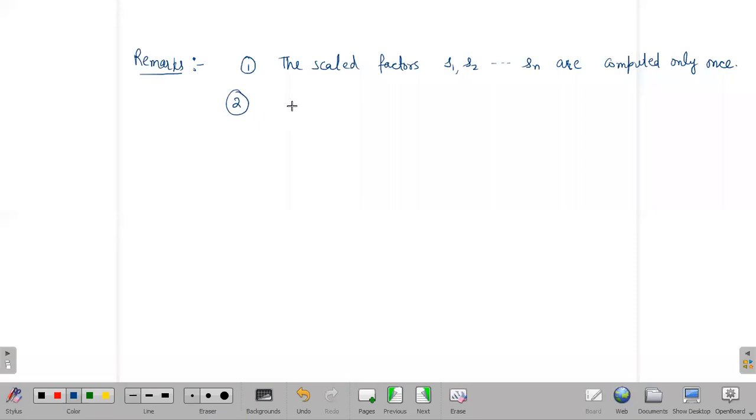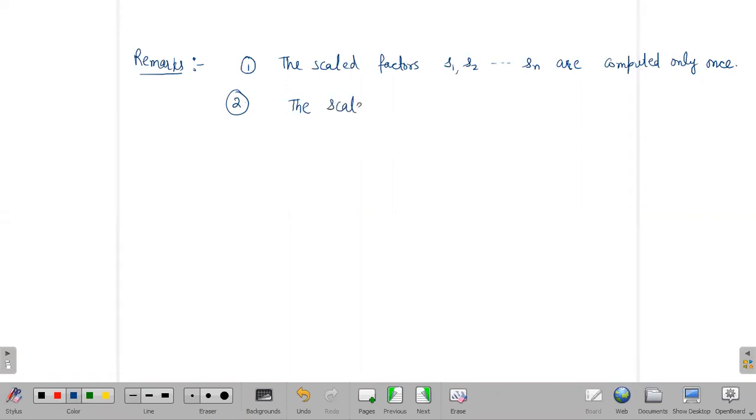The second remark: the scale factors are actually row dependent. What are the scale factors? We have taken the largest element according to the row, that is the largest in the row. If you are taking S1, that is the largest in the first row. So these are row dependent actually.